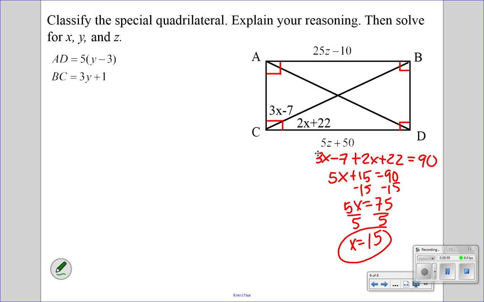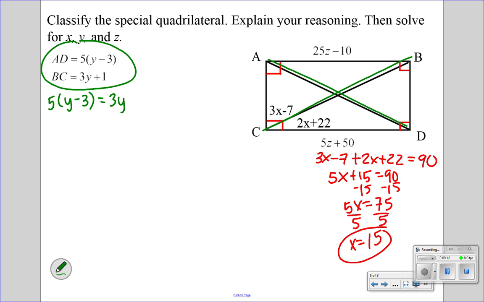Y is over here, and it says y is at AD and BC. Well, AD and BC are diagonals of the rectangle, and we know that diagonals of a rectangle are equal. So we can say 5 times y minus 3 is equal to 3y plus 1. Those are equal to each other.